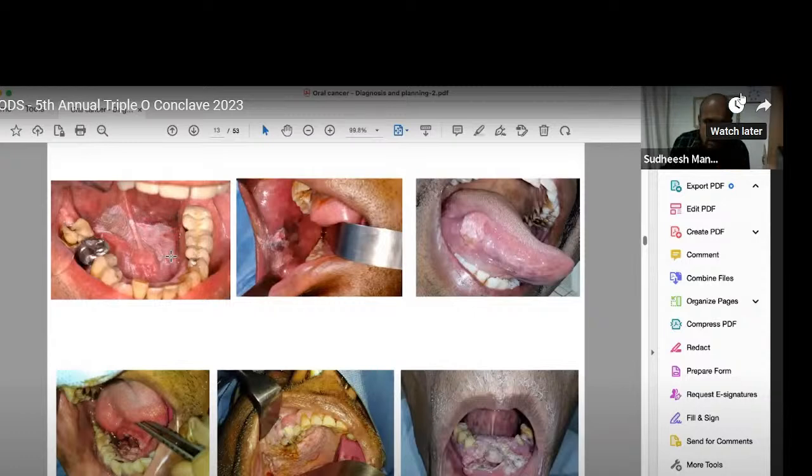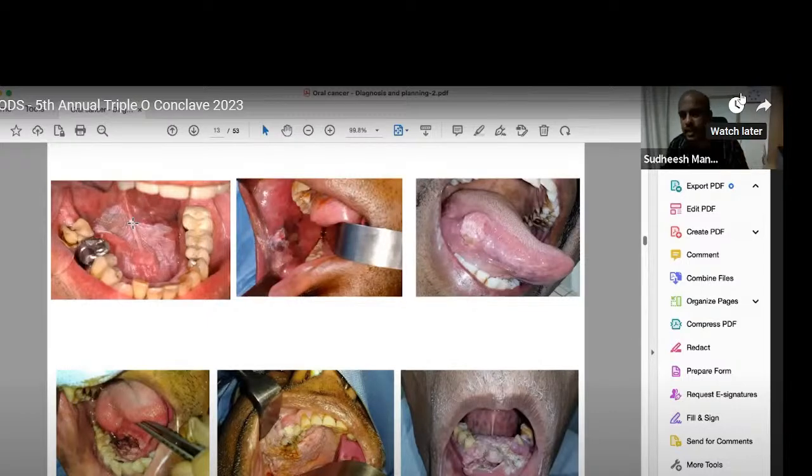a medical management. Why? Because there are certain prognostic or risk factors for malignant transformation of oral potentially malignant disorders. A few risk factors are: if the lesion is more than 2 centimeters, exposure to tobacco, or involvement of the tongue or floor of the mouth.